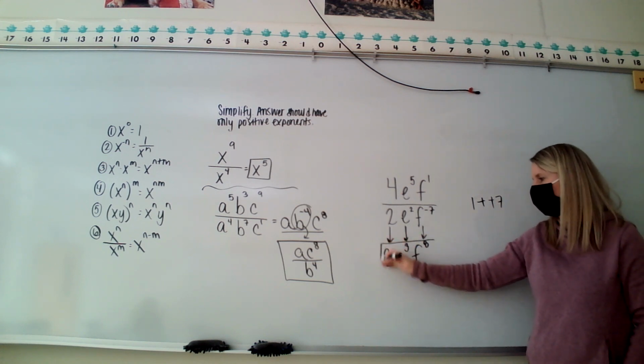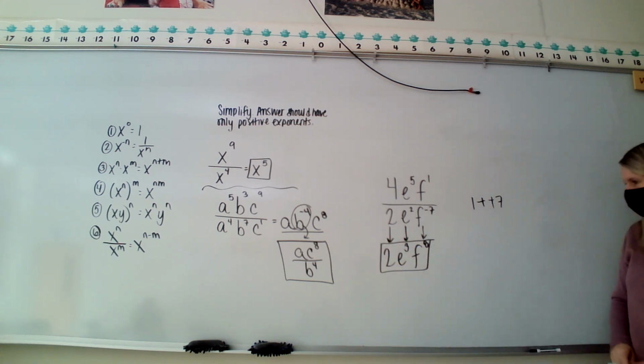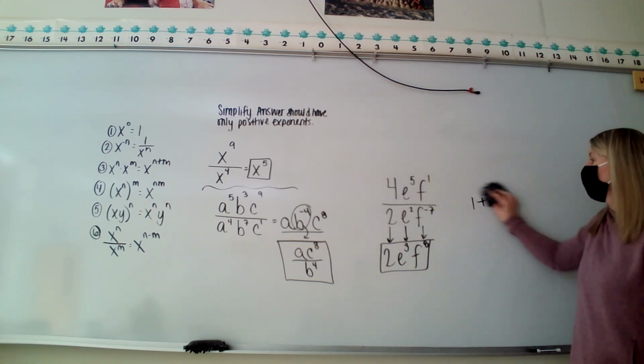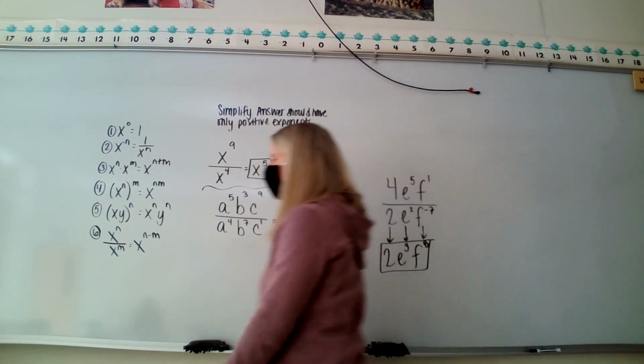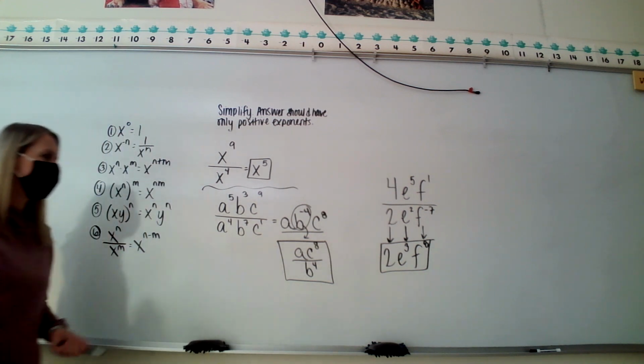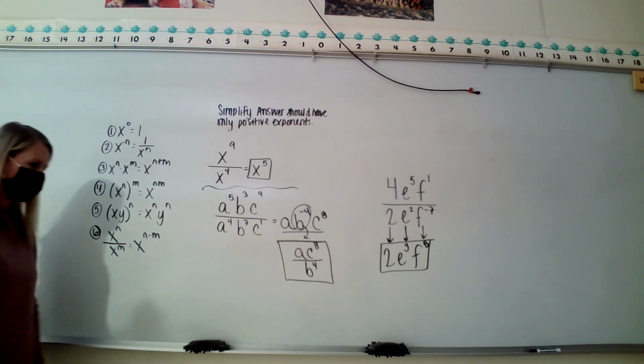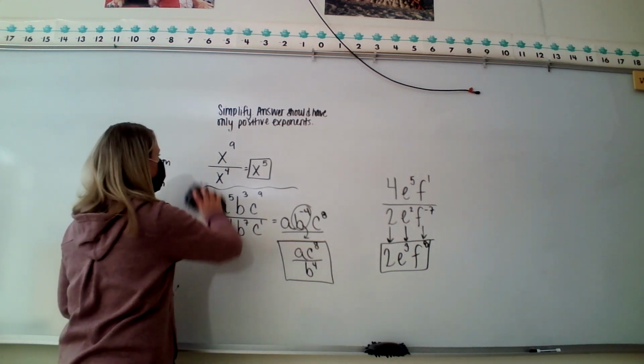I'm just trying to show you little things that pop up. Once again, sometimes I'm rushing too, and if you don't pay attention to the sign, it gets a little iffy. I'm trying to think of other ones. Oh, let me show you this one.